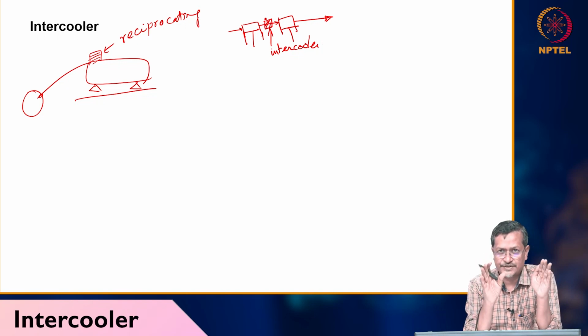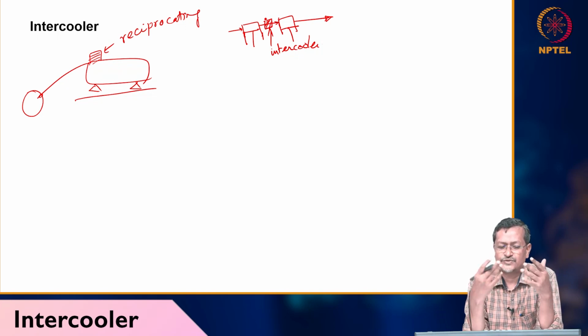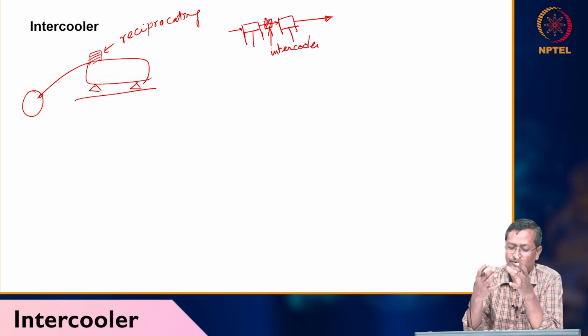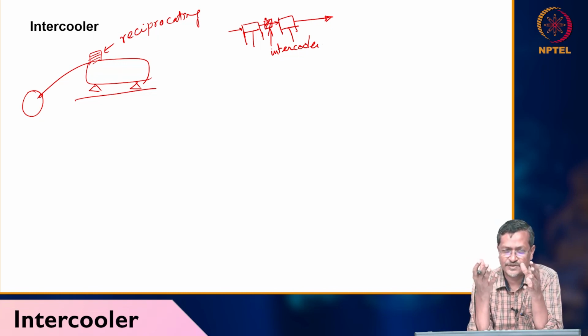Because the ideal process is an isothermal process, and we are not fast enough to create the ideal process, scientists thought, let's create something which will mimic the ideal a little bit. So they put in an intercooler system to release heat. When you are compressing, because of Charles law, PV equals RT, temperature will be going up.